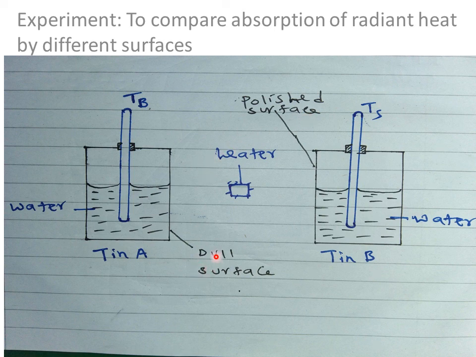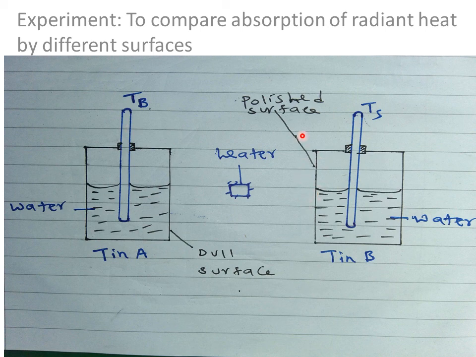Because the dull or black surfaces are good absorbers of heat radiation, the dull surface will absorb a lot of heat from the heater. The heat absorbed by the dull surface is used to warm the water. When the water is warmed, its temperature rises. That's why thermometer TB records a higher temperature.